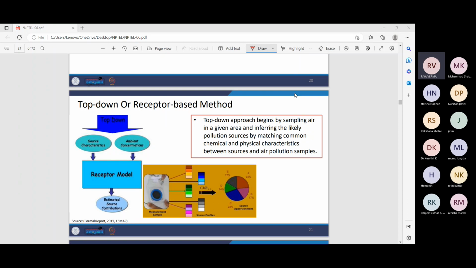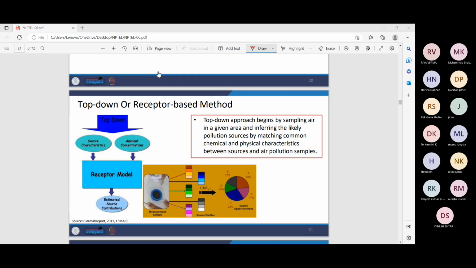That is your simple mass balance model. And if we are considering this model in terms of some chemicals or some pollutants, then it is termed as your chemical mass balance.